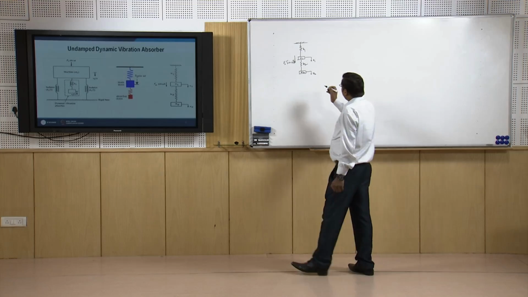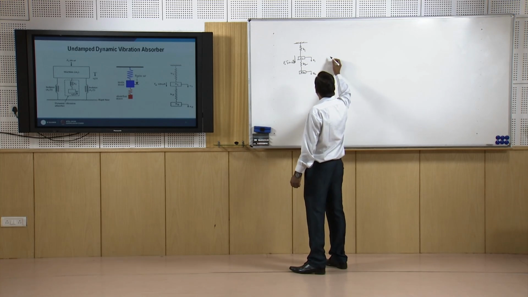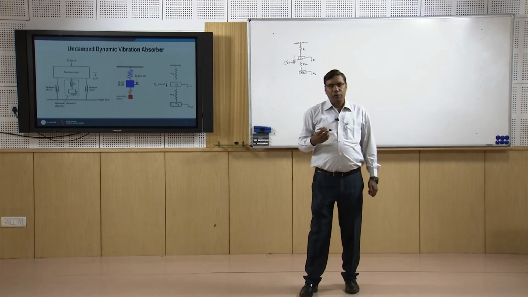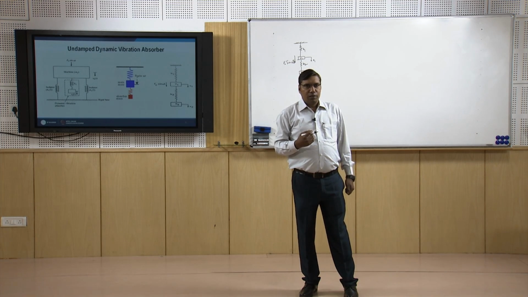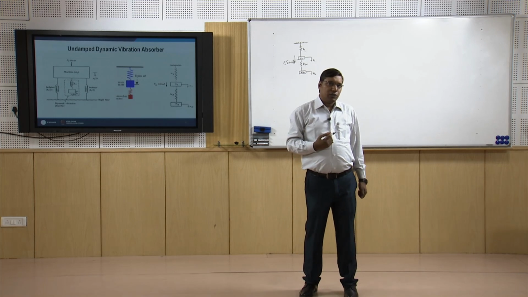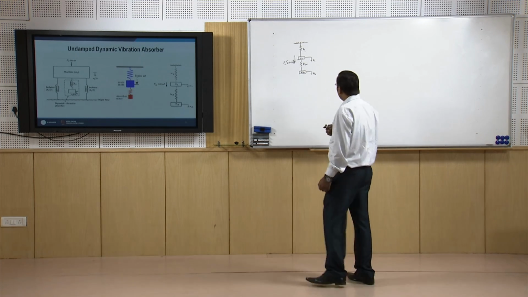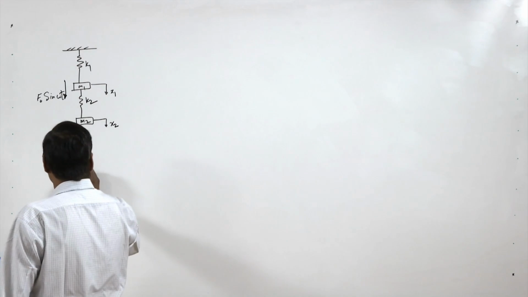So now we can write the equations. We have to make the free body diagram of the masses and show the forces. Then we have to apply Newton's second law to write the equations of motion. So here we have m1.